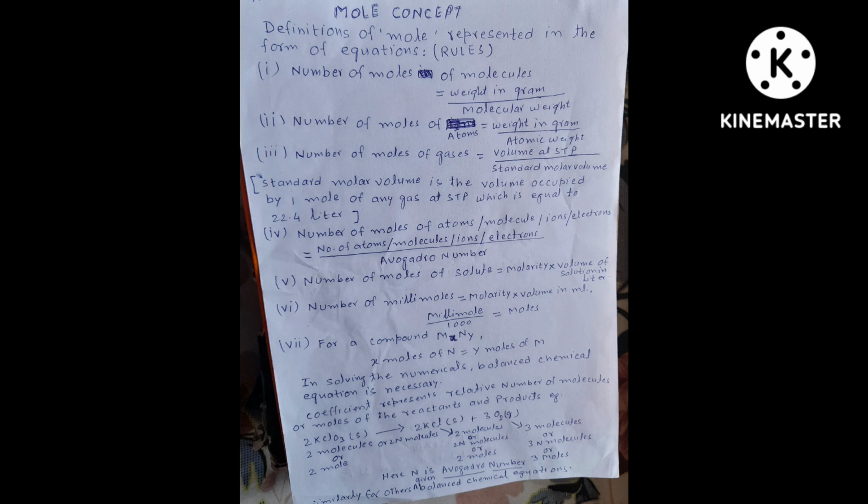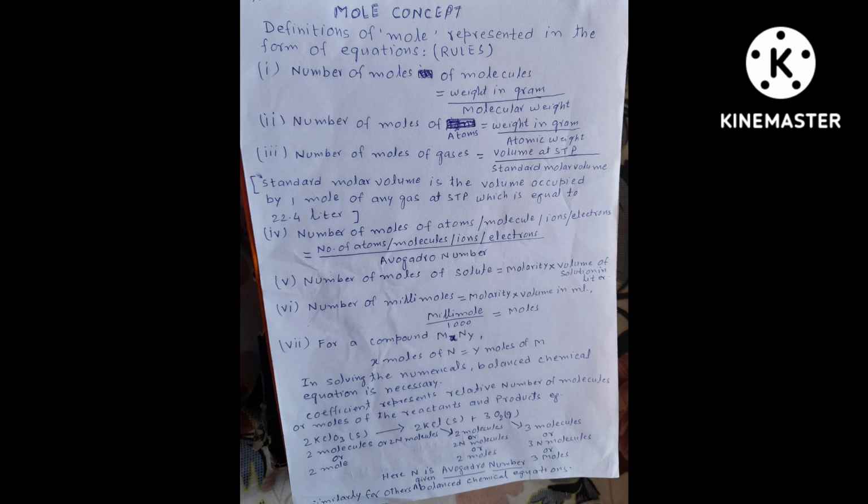Now, if you want to know the percentage of hydrogen in water, then easily you can calculate 2 divided by 18. 2 divided by 18 means in 18 gram of water, 2 gram hydrogen is there. Then for 1 gram, 2 by 18. Then for 100 gram, 2 by 18 into 100.